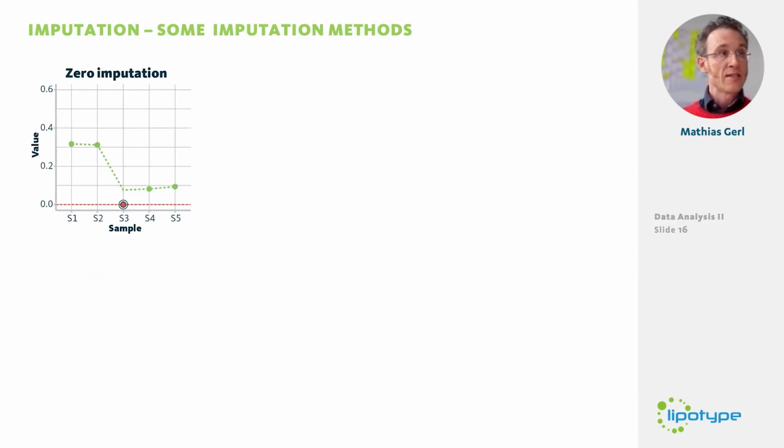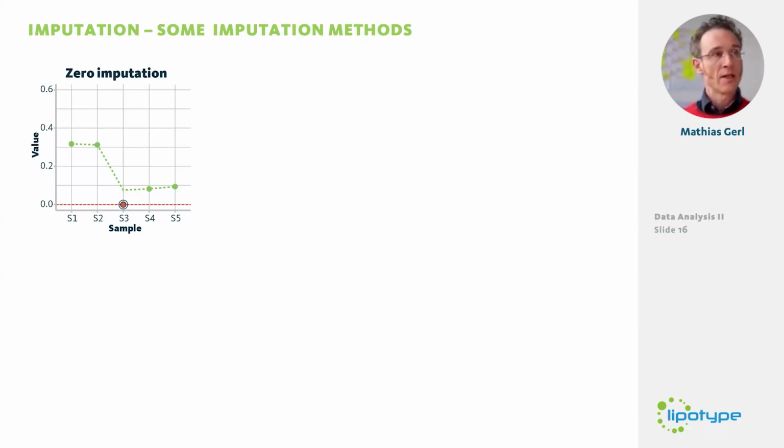One thing is to simply impute by zeros, and that's very relatable. If you look at your data, this one is missing, it has not been measured, it's probably not there, so let's replace it with 0. This works in a lot of situations. It is, however, a very strong assumption, and if you experiment with different PCAs, you might see that this has a strong effect, for example, in your PCA score plot.